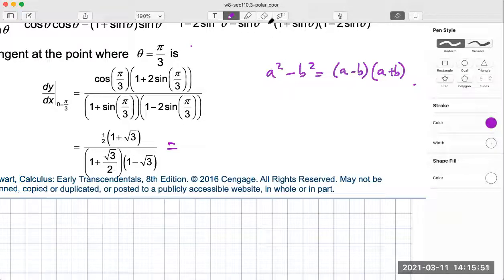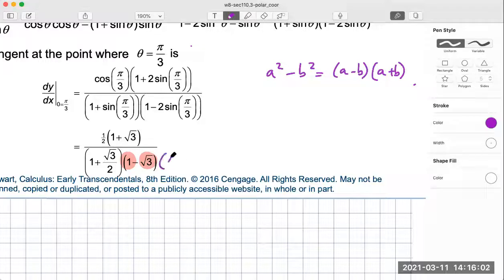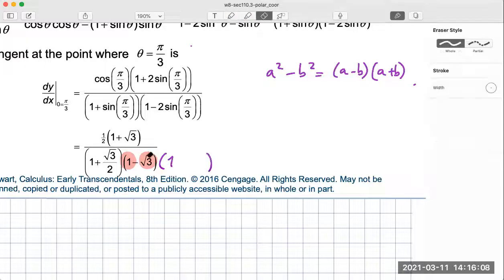And in our case, you can imagine that a is 1 and b is negative square root of 3, which means if you multiply this by what? What should we multiply here to get rid of the square root?